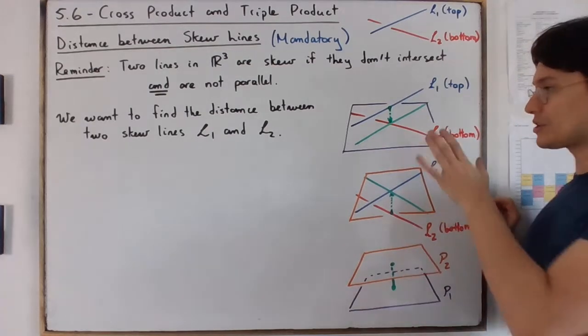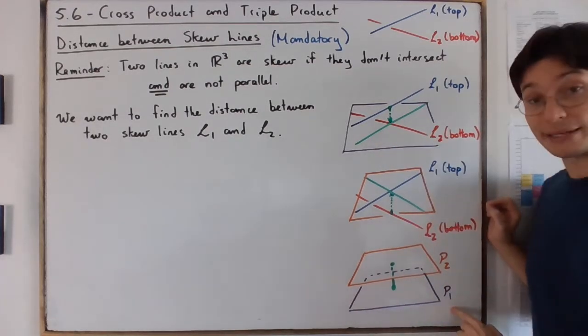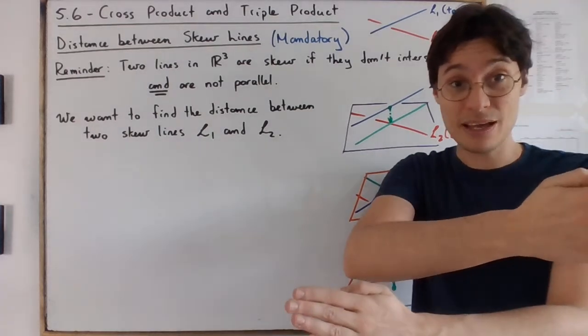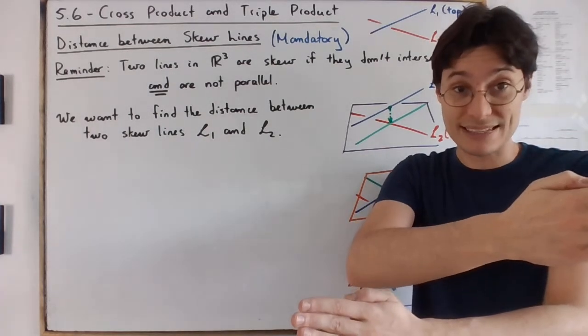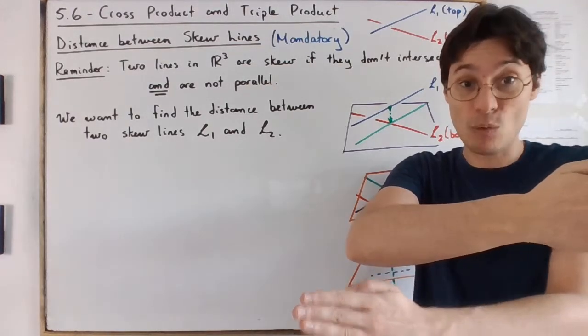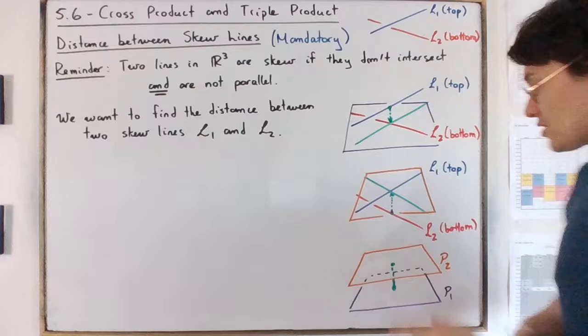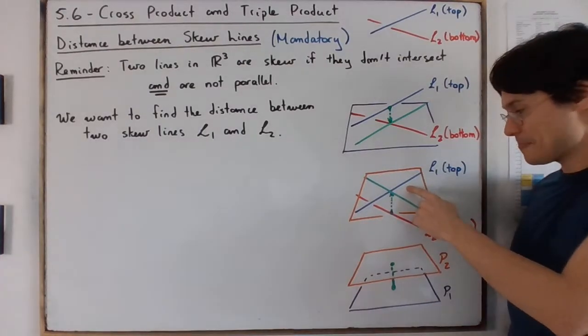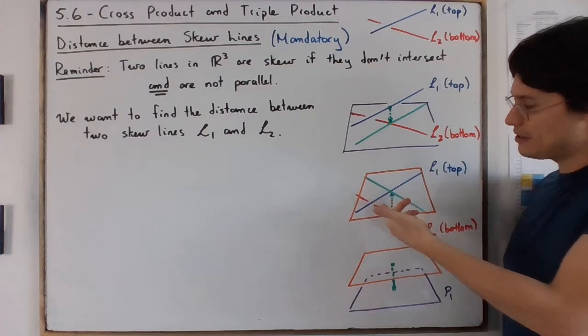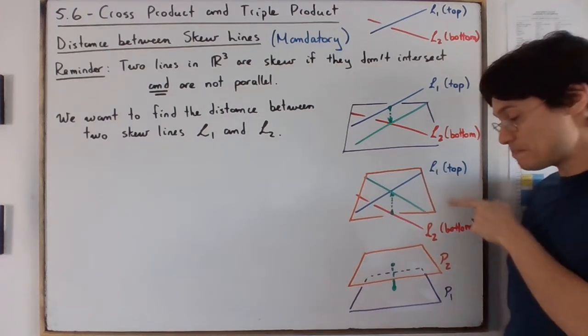Call this plane P1. Then you're going to do the exact same thing in reverse: instead of moving the first one down, you're going to move the second one up. It's going to create another plane, this one, P2.